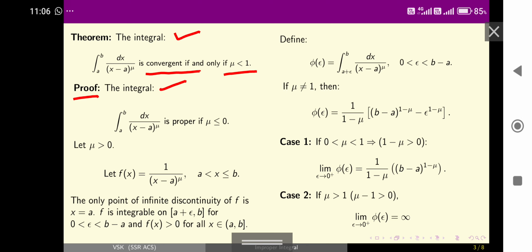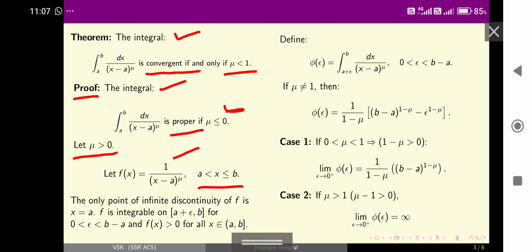The integral from a to b of dx upon (x minus a) to the power mu is proper if mu is less than or equal to 0, because in this case the expression goes up in the numerator and there is no problem. Now if mu is greater than 0, let us suppose f(x) is equal to 1 upon (x minus a) to the power mu, where x lies between a and b, not including a but including b.